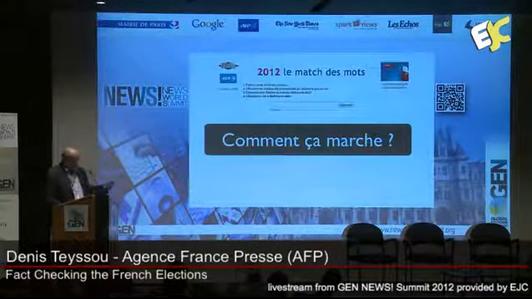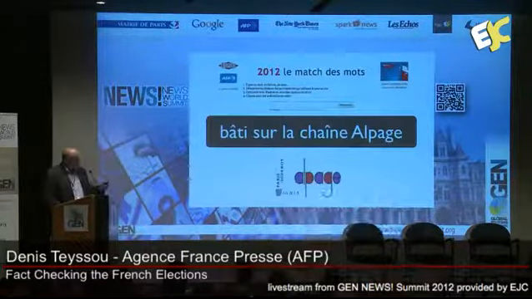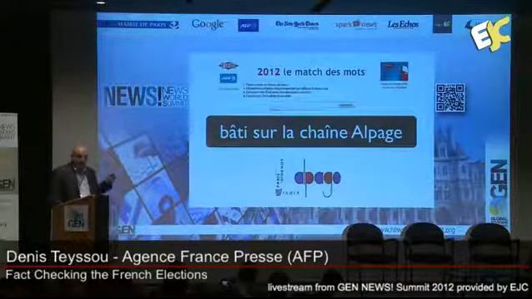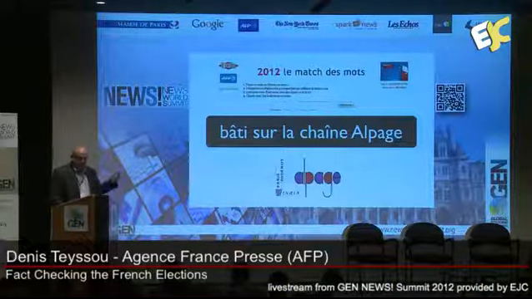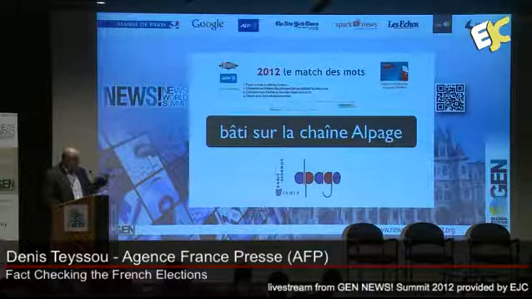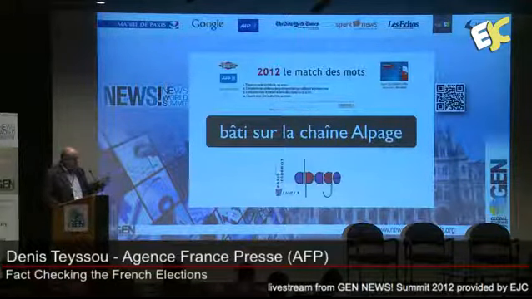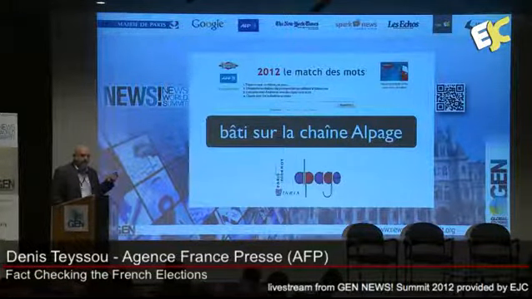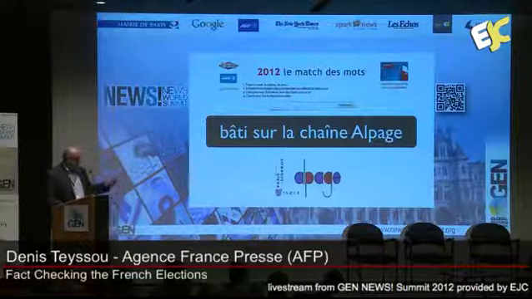So how does it work? This is built on a natural language processing chain for the French language, from the Alpage team, which is a team from the INRIA Institute and the Paris 7 University here in France.